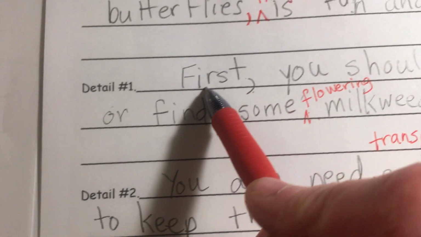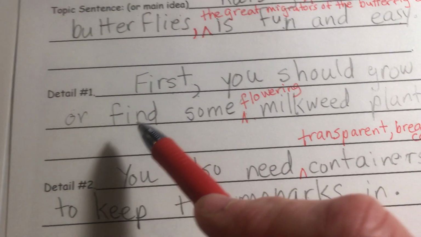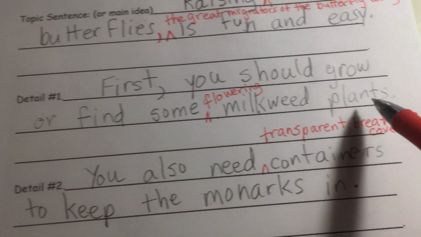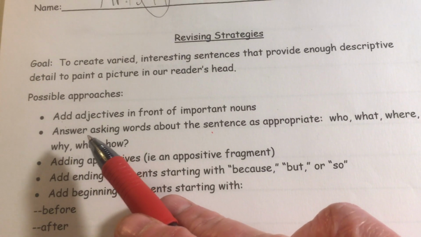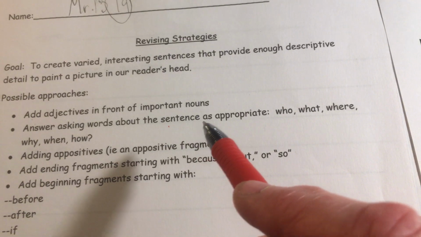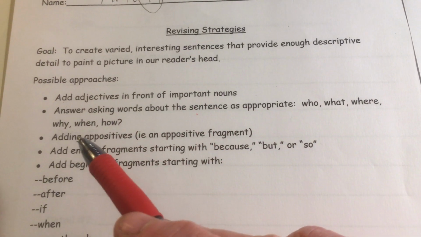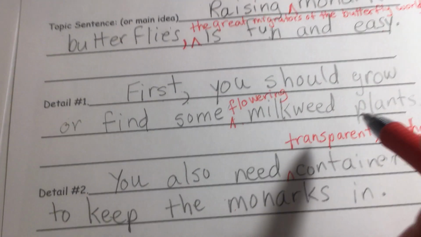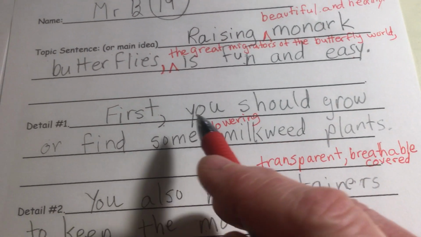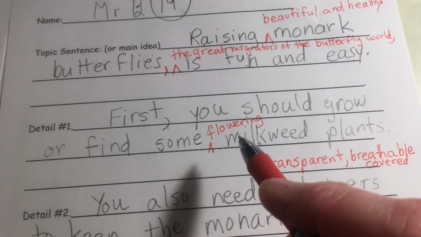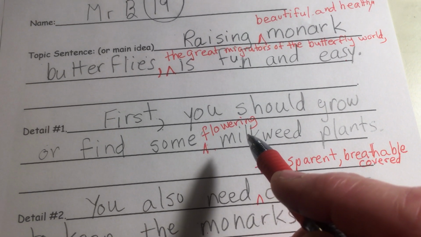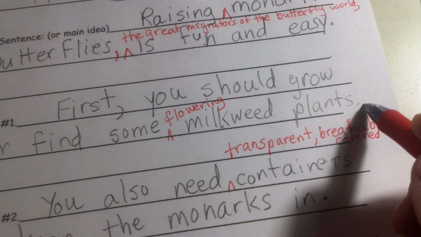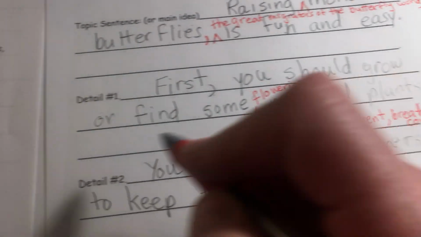So let's try this. First, you should grow or find some flowering milkweed plants. Answer asking words about the sentence. Who, what, where, when. Well, why? I could do why because milkweed is the only thing that monarchs will eat or lay eggs on. So I could add that. And I'm going to put that right here.